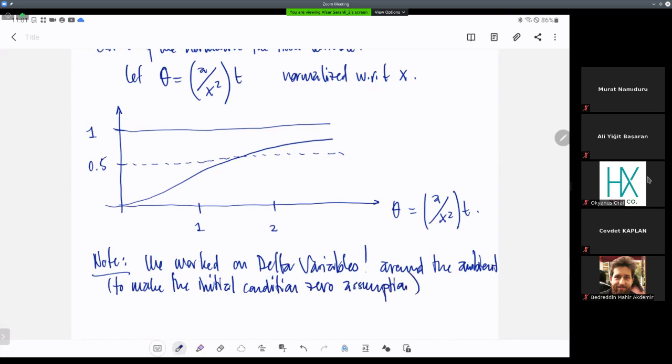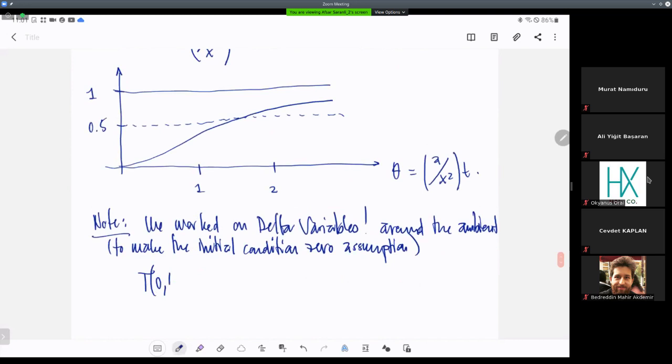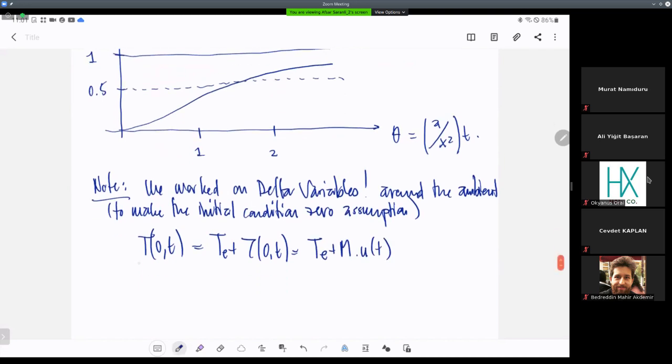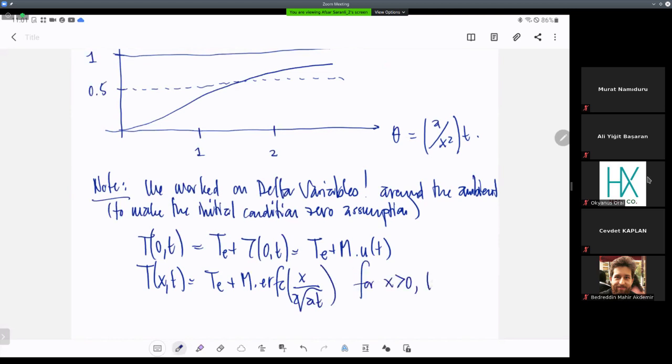So the actual temperatures, if you want to really write them, T(0,t), remember, is TE plus tau(0,t), and therefore it is equal to TE plus m times u(t), and therefore T(x,t) is equal to TE plus m times erfc of x over 2 square root of at, for x positive and t positive. So that is our solution.